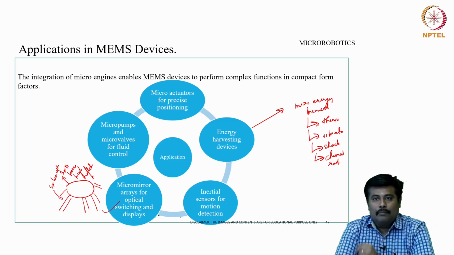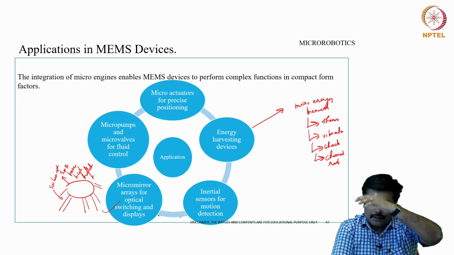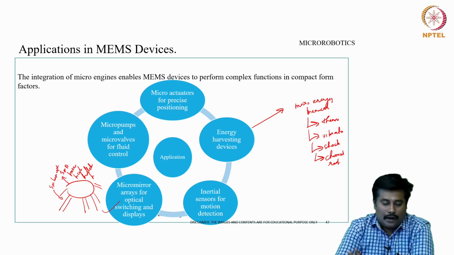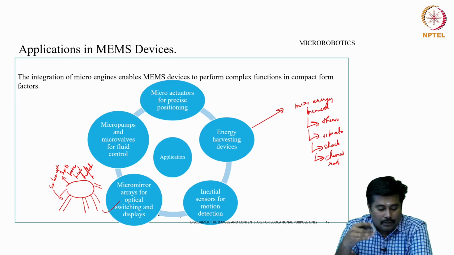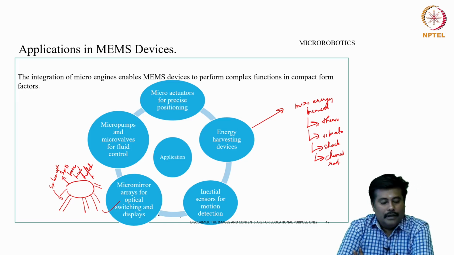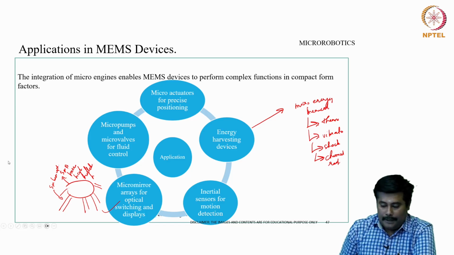This SMA bimorph operates in such a way that the actuation moves and we can see a deflection, and we can also monitor the deflection. There are also micro pumps and micro valves for microwave, which we had discussed in detail.